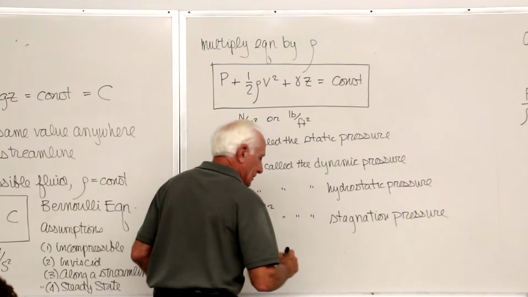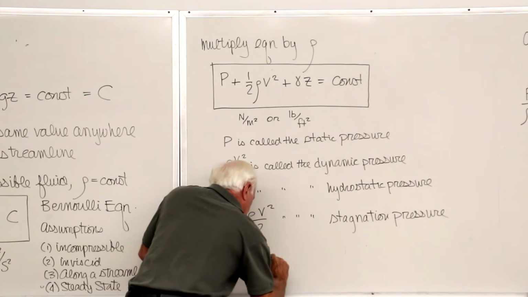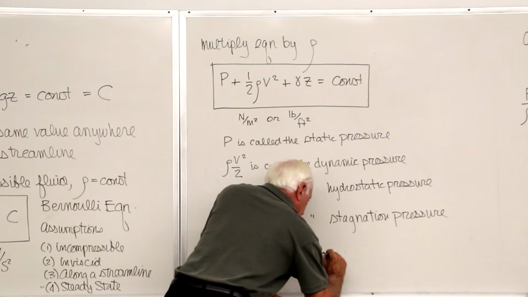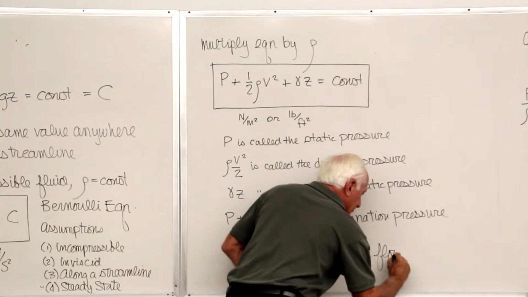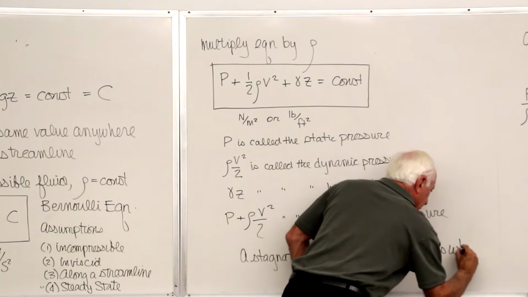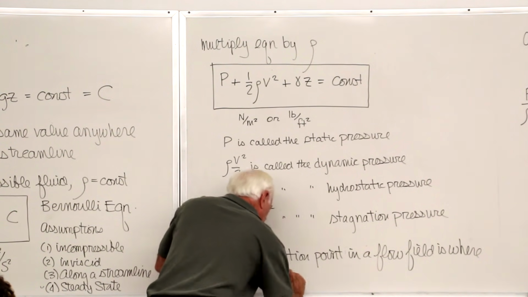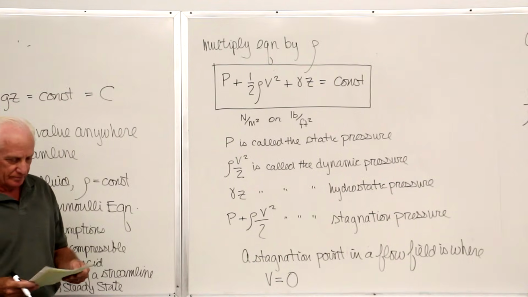The stagnation point in a flow field is where the velocity is 0. Stagnate, 0 velocity, stagnation point.